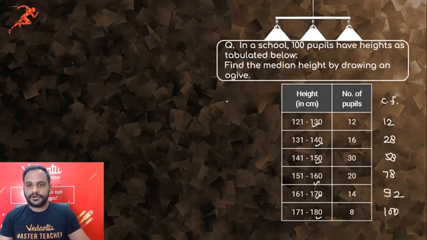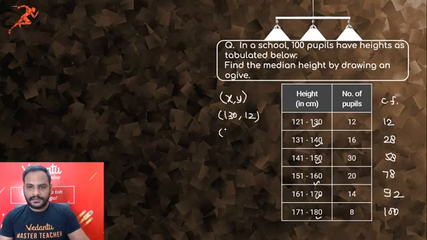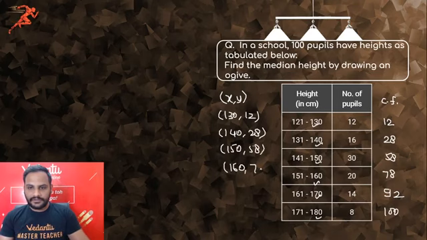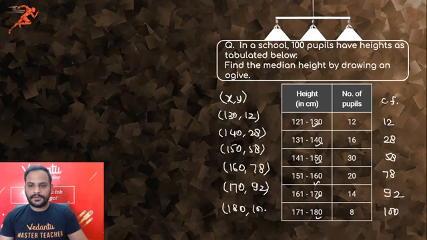The coordinates you need to plot on the graph will be (130, 12), then (140, 28), then (150, 58), then (160, 78), then (170, 92), and then (180, 100).